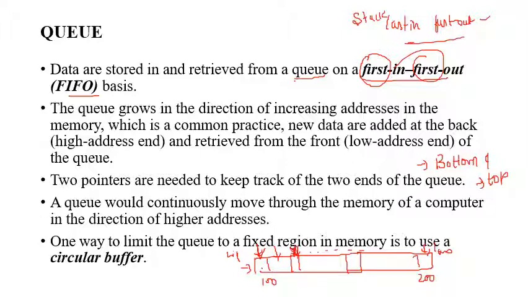When the last data is stored at address 200, the next data will be stored again in 100. This type of arrangement limits the queue to a fixed region, and such kinds of queues are called circular buffers.